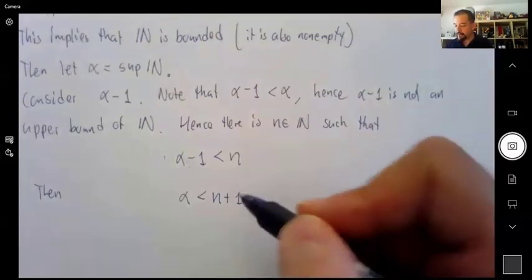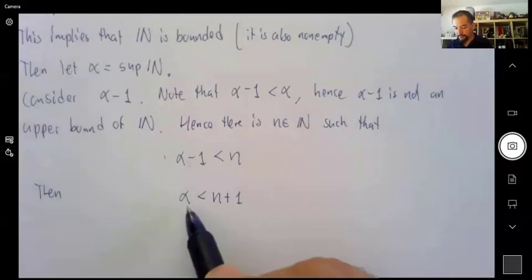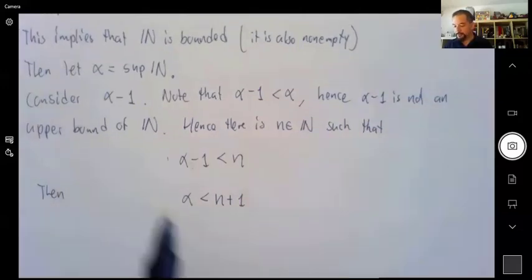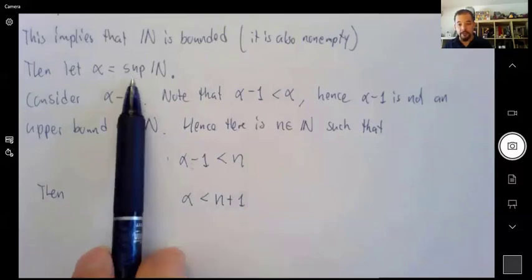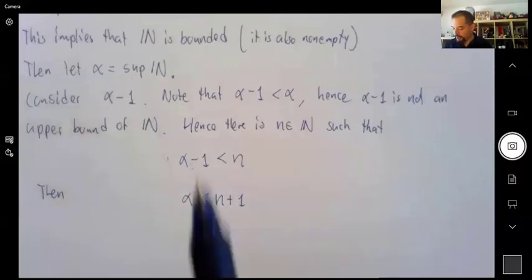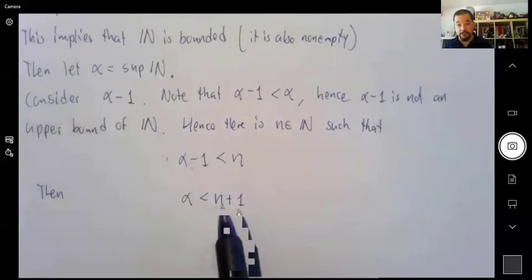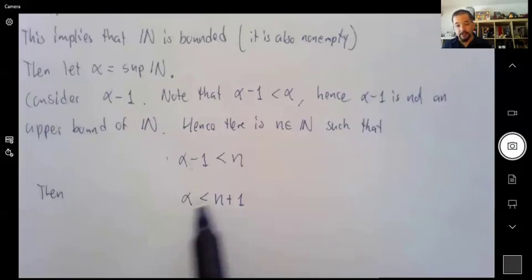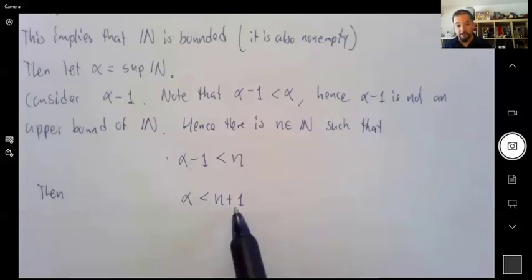Because what was alpha in the first place? We have it right here. Alpha was supposed to be the supremum of the natural numbers, meaning it's a number that beats every natural number. It's bigger than any natural number. But look here, this n plus 1 is a natural number, and alpha is supposed to be bigger than all of them, and this doesn't happen, right?